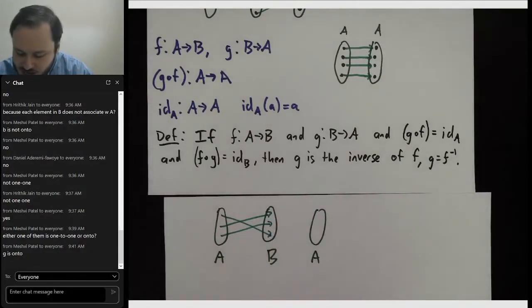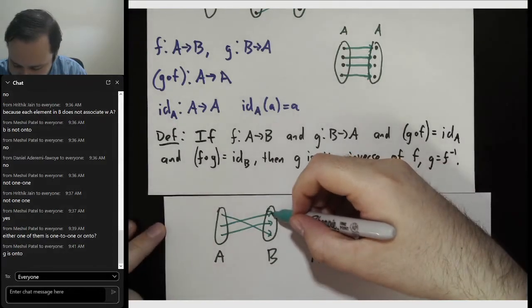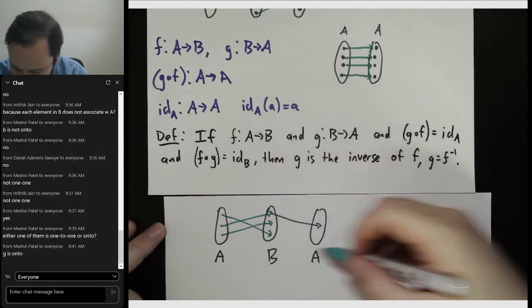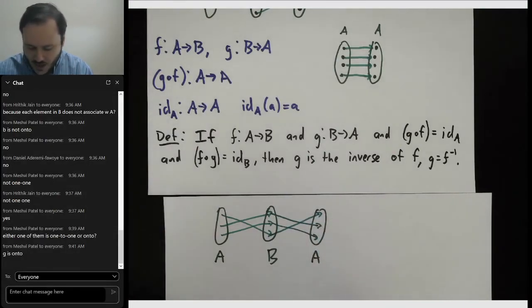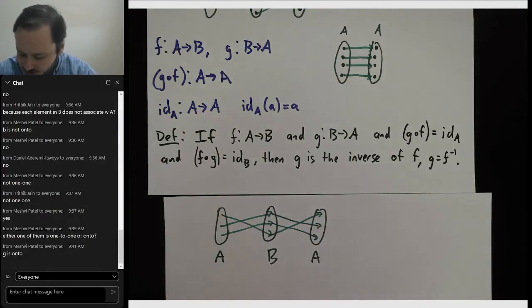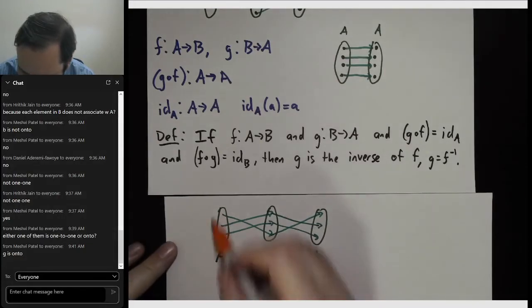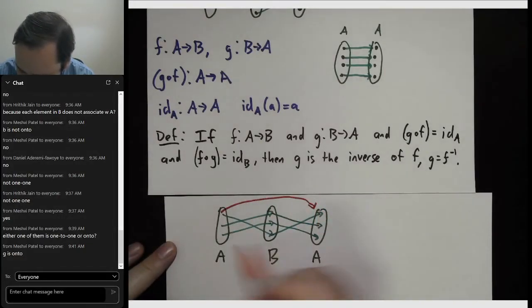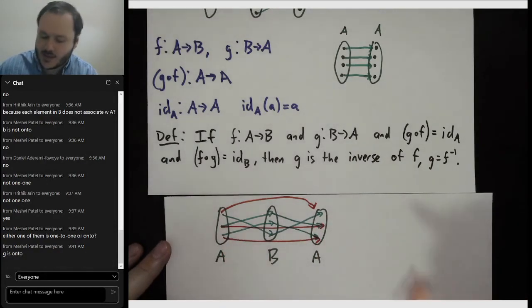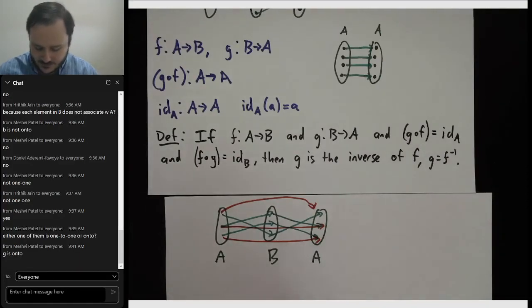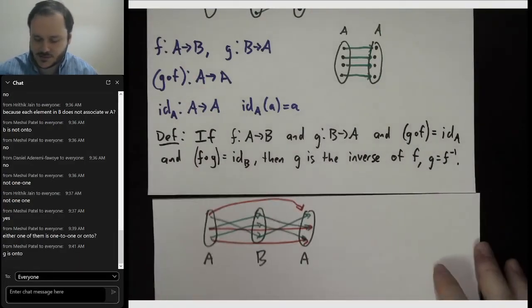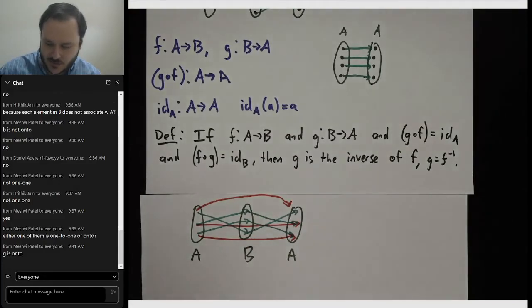But g undoes anything f does, so that when I compose the two functions, everything ends up right back where it started. That's the same as saying I've undone f. That's what we mean when we talk about it.